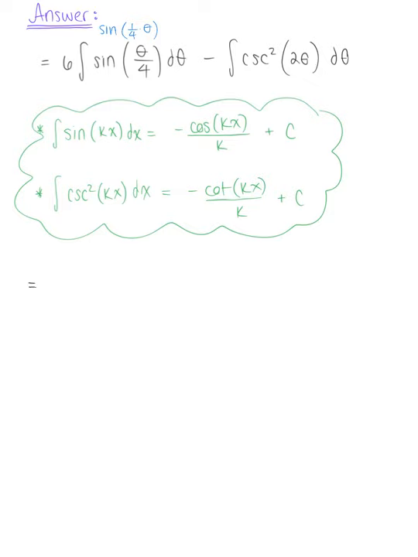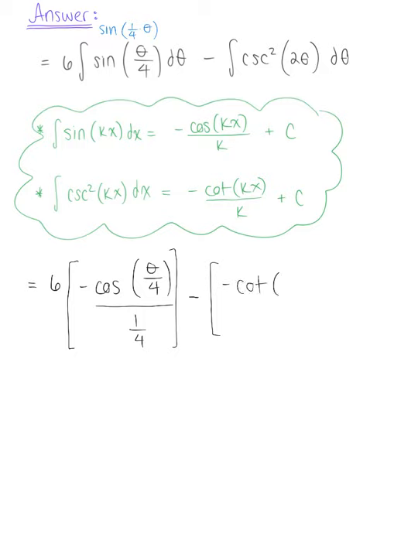So when we antidifferentiate, we end up with 6 multiplied by a negative cosine of theta by 4, all divided by 1/4. And then this will be minus a minus cotangent of 2 theta, all divided by 2, plus c.